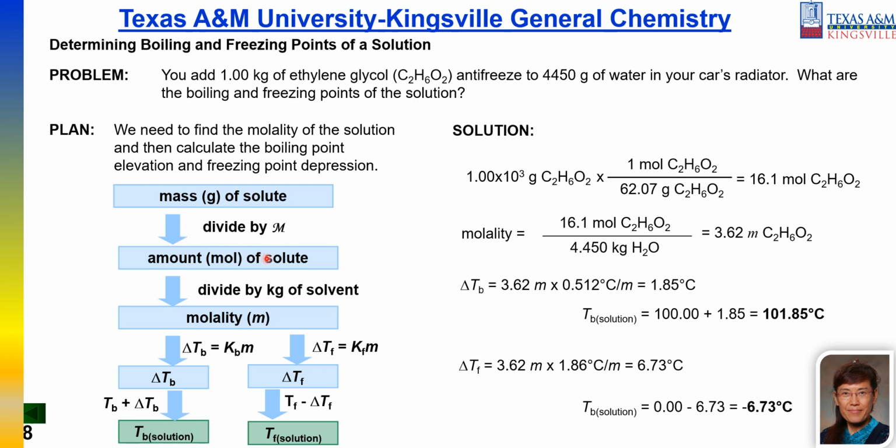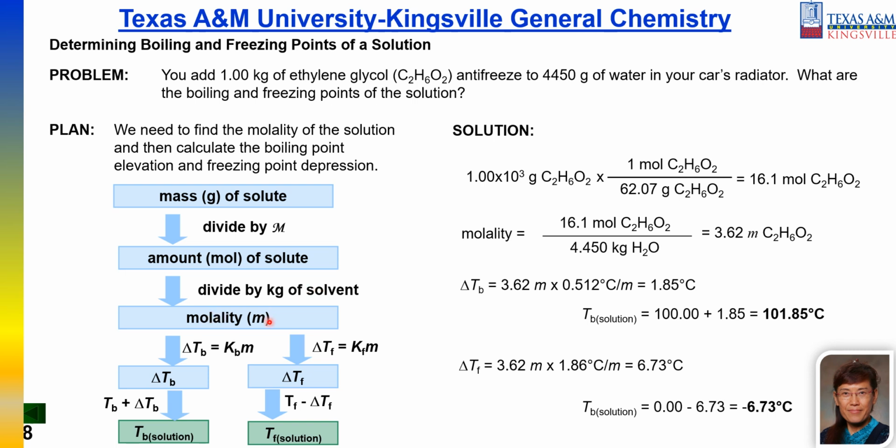For the moles of ethylene glycol, you use the grams divided by the molar mass. Then you determine the molality by using moles divided by kilograms of your solvent.